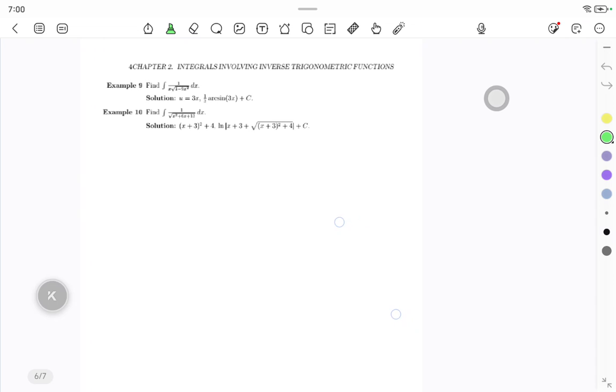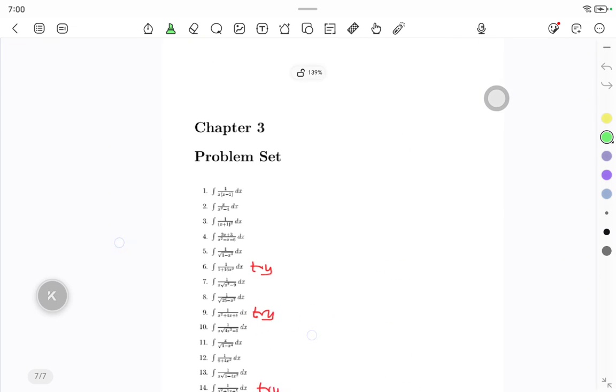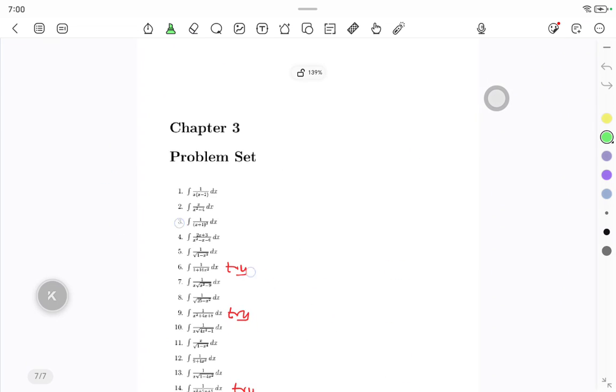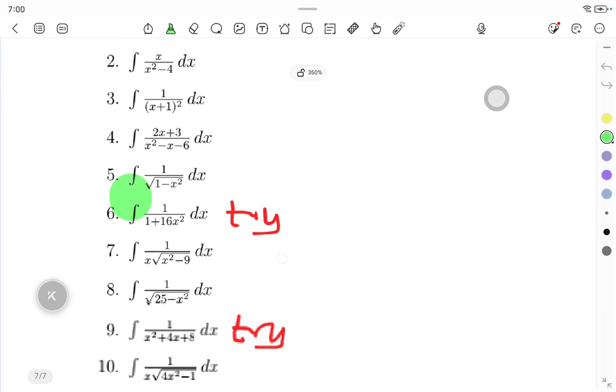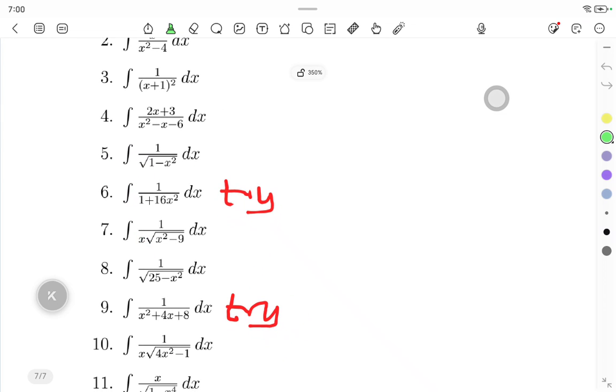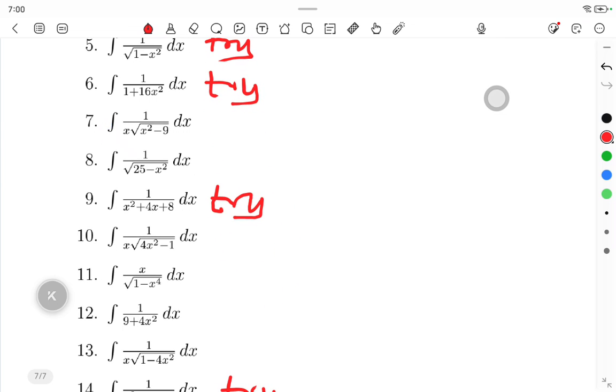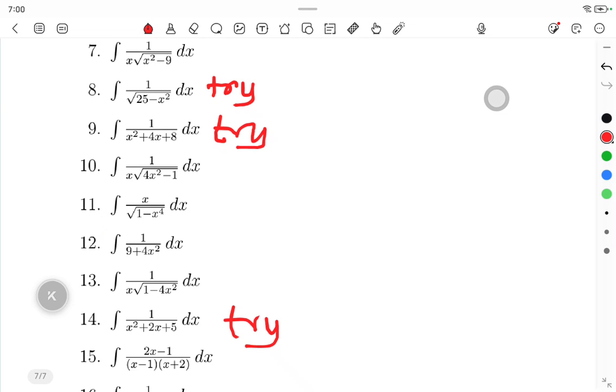On the problems, I want you to try this, where we are subtracting x. Try this one. Yeah, I forgot to say try this one. That one also falls under this.